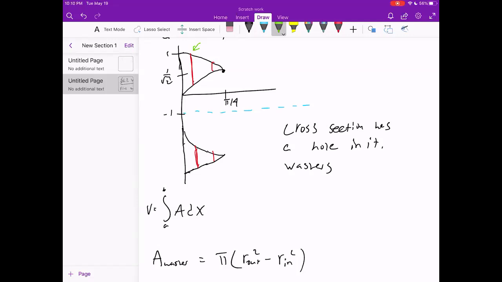So I'm interested in figuring out what that length is. And this will be my R inner. And for R outer, let me pick a different color. My radius will be that. So this is R out. And so that gives you an idea of how to determine R out and R in.